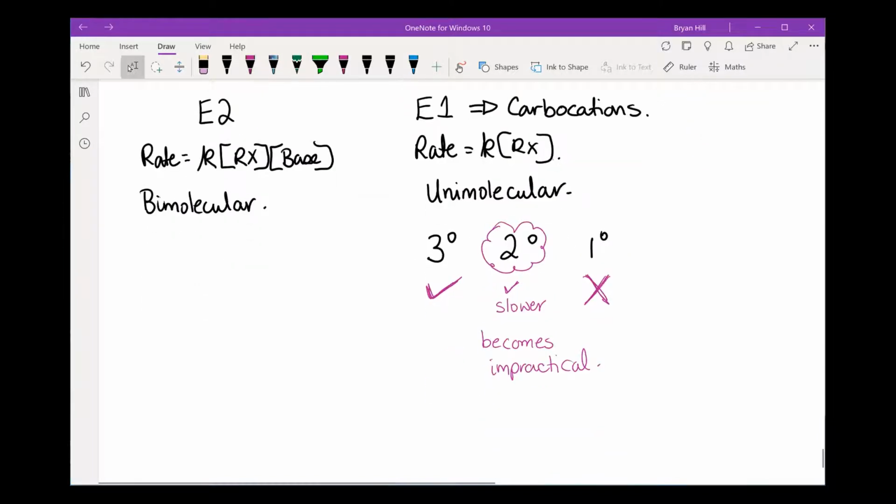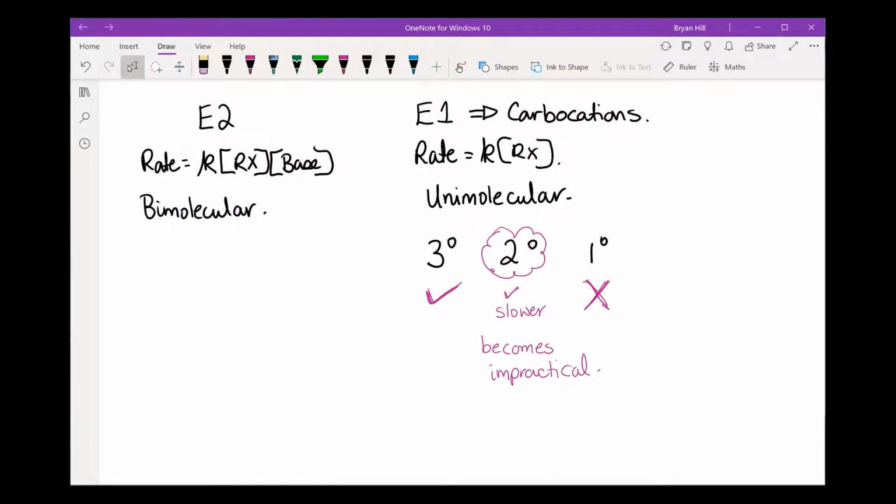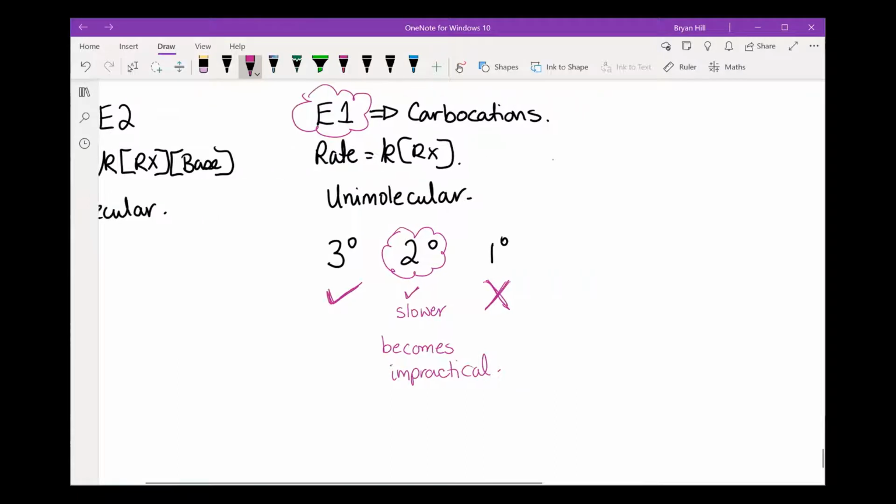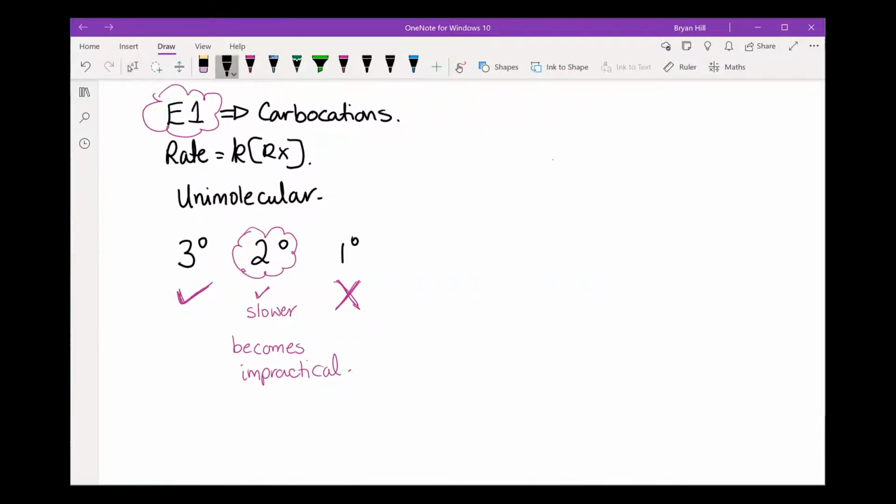So let's do a mechanism for an E1, and then we'll do a mechanism for E2. And we're going to see how this works. Okay, so here we've got a tertiary alkyl halide.